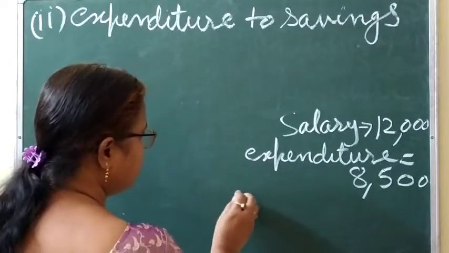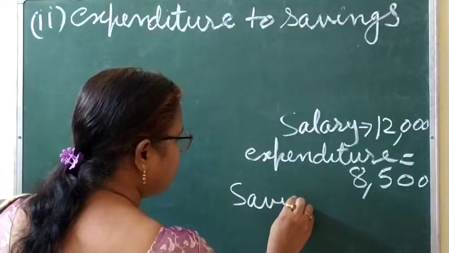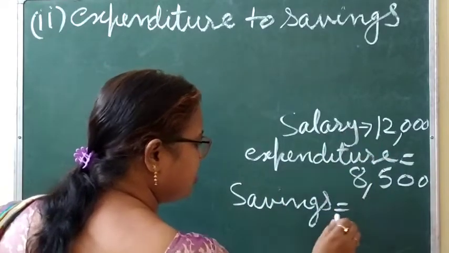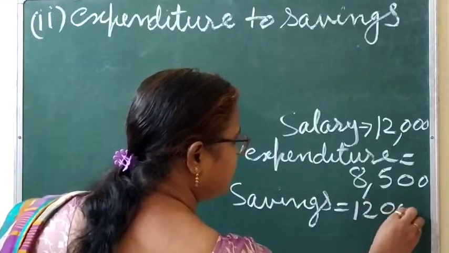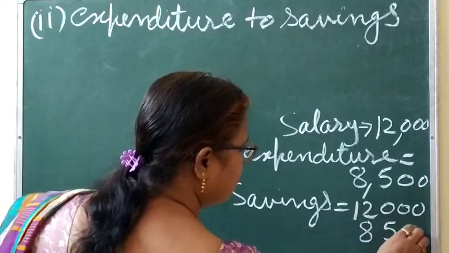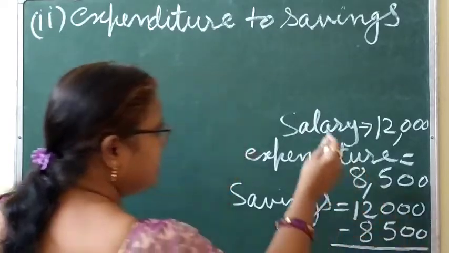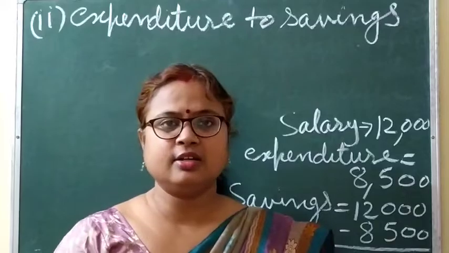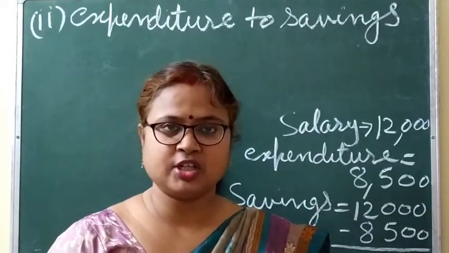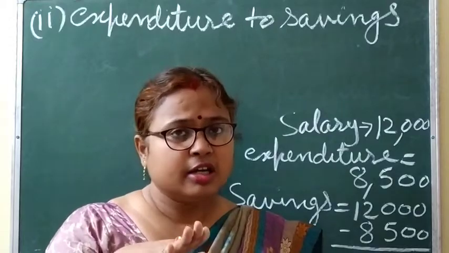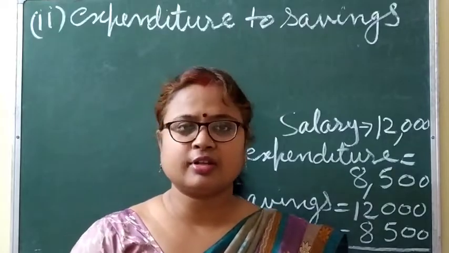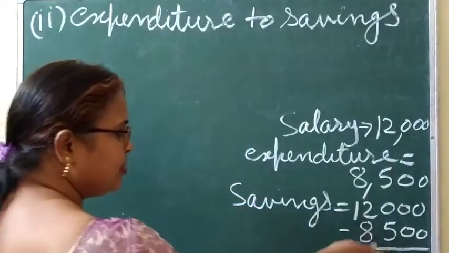So we will find out the savings. How? This is the salary, this is the expenditure. We will subtract. So 12,000 minus 8,500. Salary means the person's salary, expenditure means what he spent, savings means what he saved. So if we subtract the expenditure from the salary, we will get the savings.